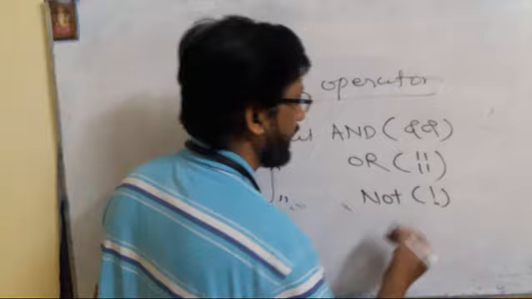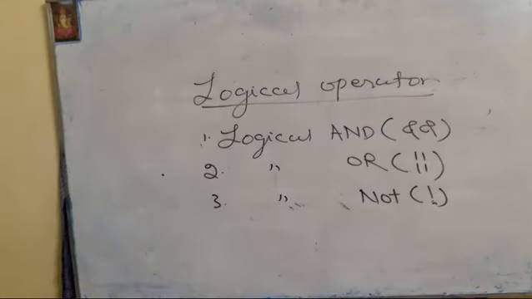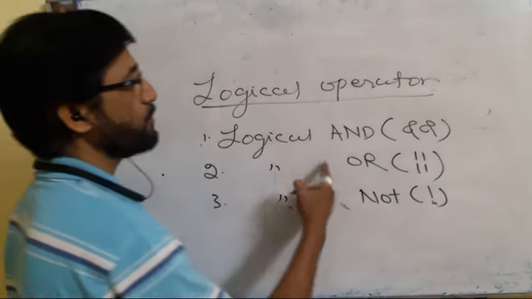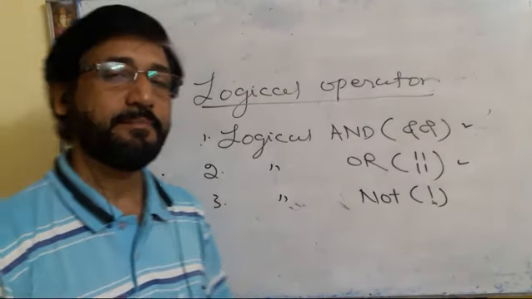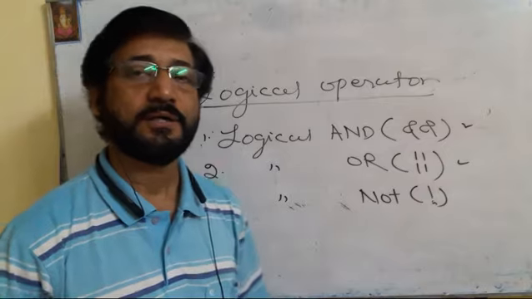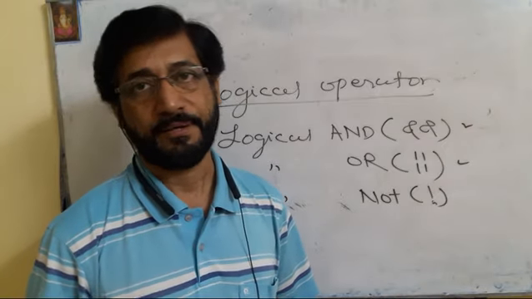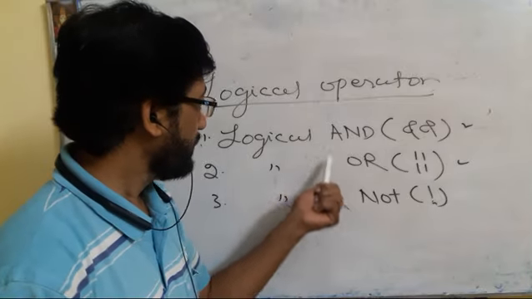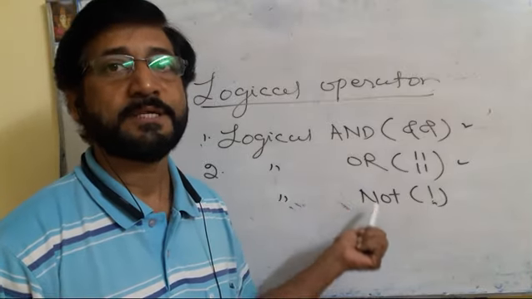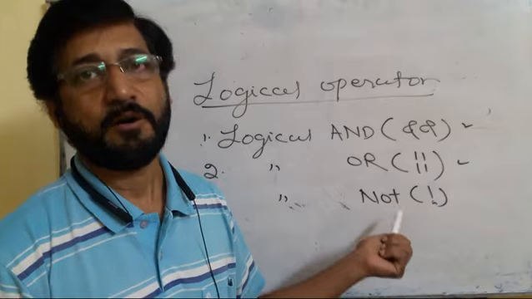This exclamation sign is used as logical NOT. Logical AND and logical OR are binary infix operators, whereas logical NOT is a unary operator. These logical operators are also known as short circuit logical operators.